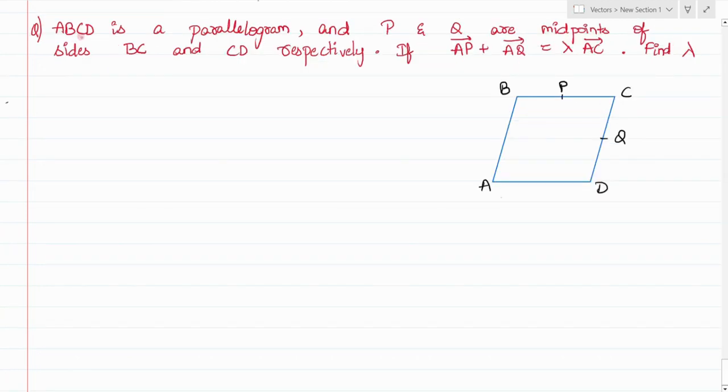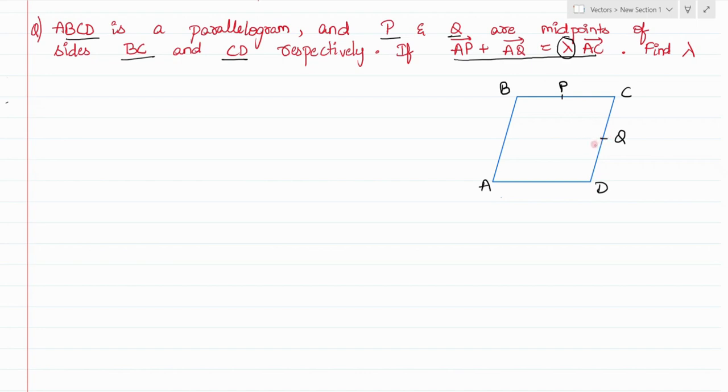In this question, it's given that ABCD is a parallelogram. P and Q are the midpoints of sides BC and CD respectively. And if the AP vector plus the AQ vector is lambda times the AC vector, we need to find the value of lambda. So this is the parallelogram ABCD, and P is the midpoint of BC and Q is the midpoint of CD.